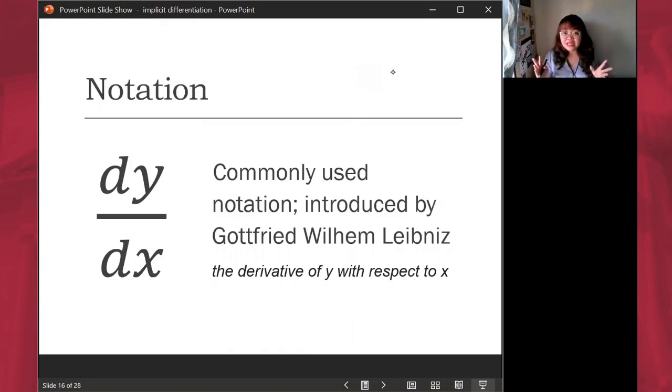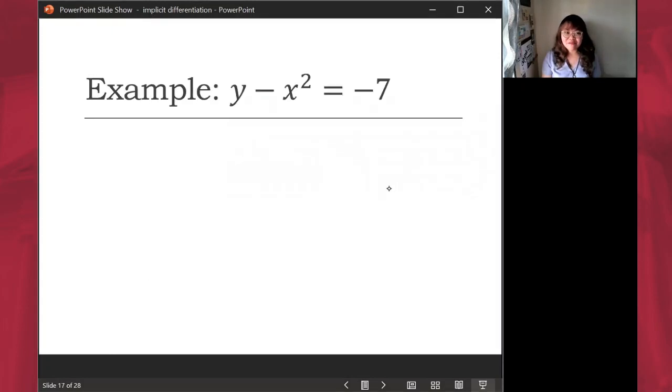But please take note that it's not always just y and x. Sometimes we also use different variables such as dv over dt, depending on whatever is given in our expressions. For the sake of understanding the concept of implicit differentiation, we'll use dy over dx. And let's have our first example.